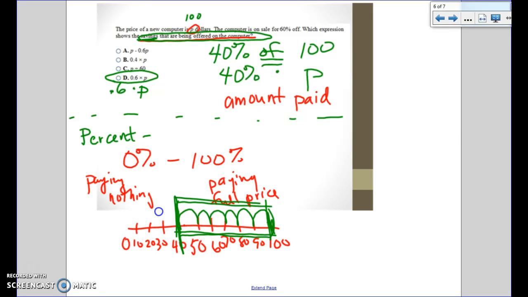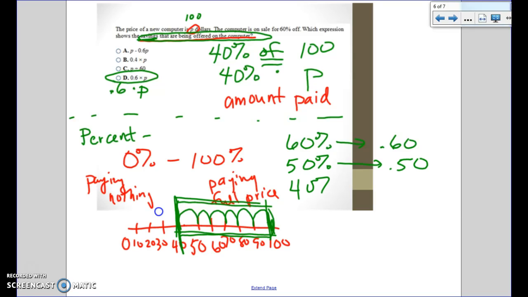I guess the last thing I should say about percent is 60% would be represented by the decimal 0.60. 50% would be represented by 0.50. 40%, 0.40. When we're using calculations, we don't push a percent button in our calculator. I mean, you can, but we use the decimal version.